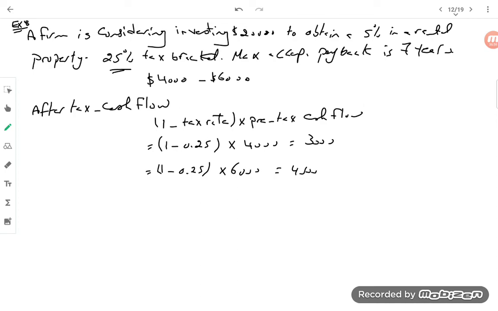So this is an equal annuity, okay? So the payback period will be calculated as initial investment divided by after-tax cash flow.